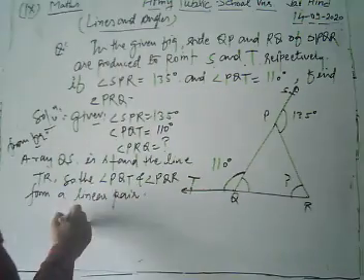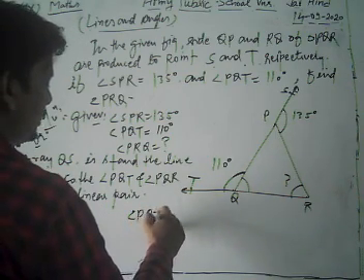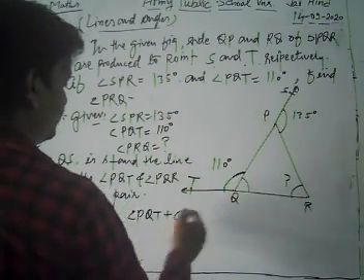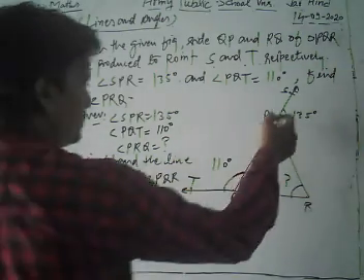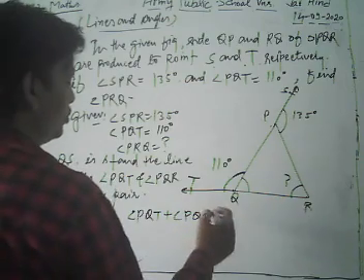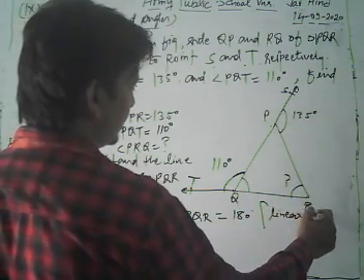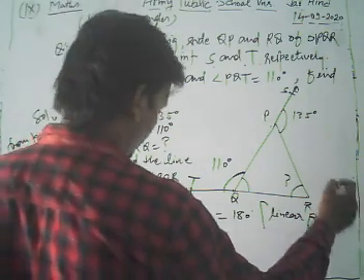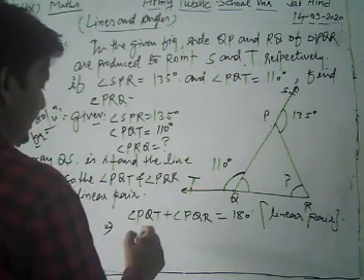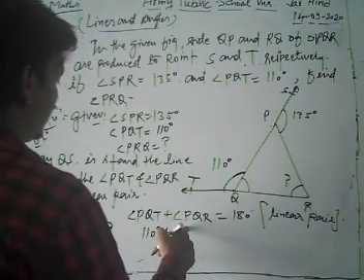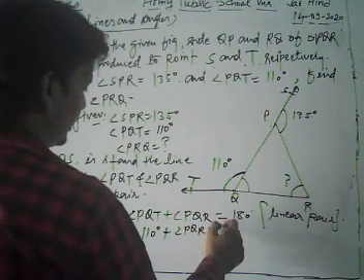So we get angle PQT plus angle PQR is equal to 180. Now we put the value of PQT as 110 plus angle PQR is equal to 180.